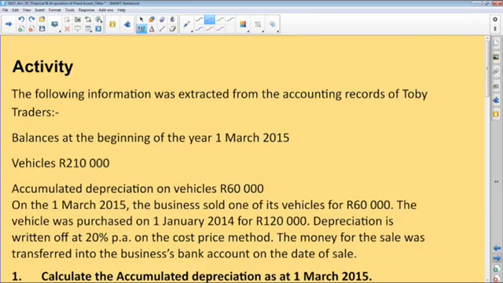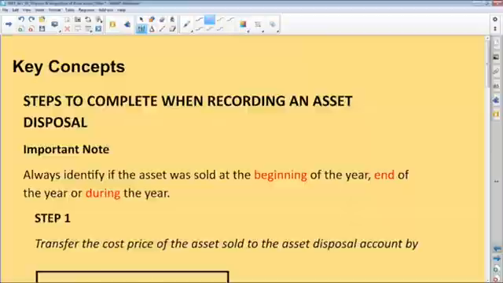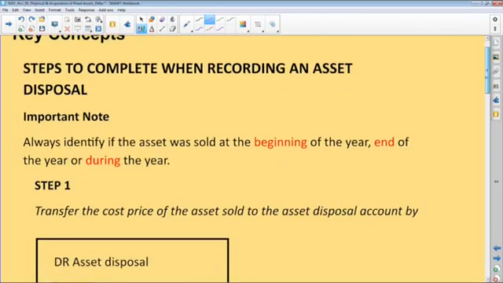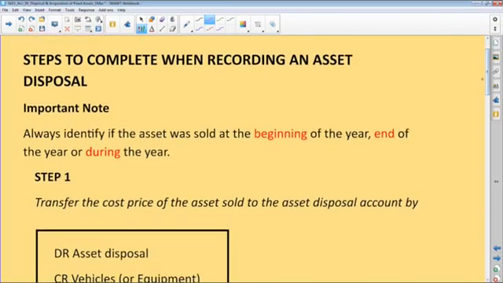Right, okay, guys, very, very important what I'm about to discuss, certain steps that need to be followed when completing asset disposal. Okay, so let's look at these key steps. The first thing that I want to remind you guys is when recording an asset disposal, please take note of the date of sale.